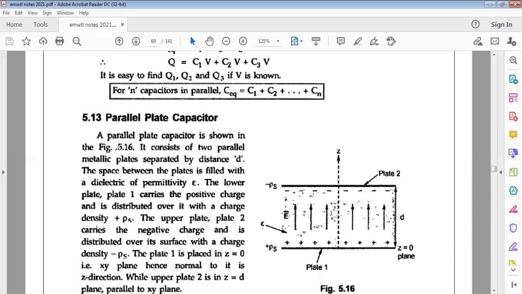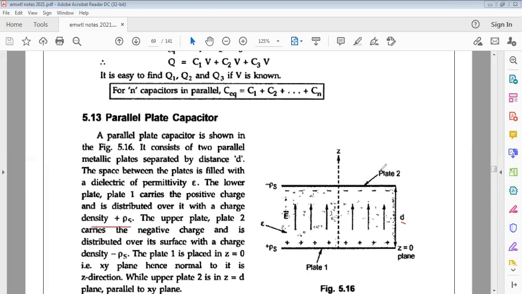The parallel plate capacitor shown in the figure consists of two parallel metallic plates separated by a distance d. The space between the plates is filled with a dielectric of permittivity epsilon. The lower plate, plate 1, carries positive charge distributed over it with a charge density rho s.